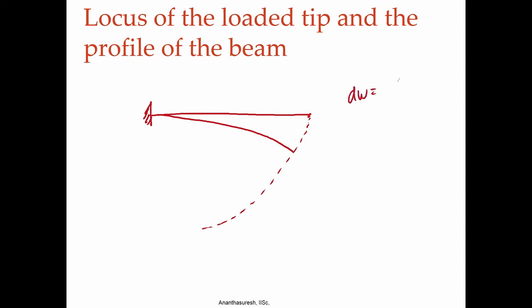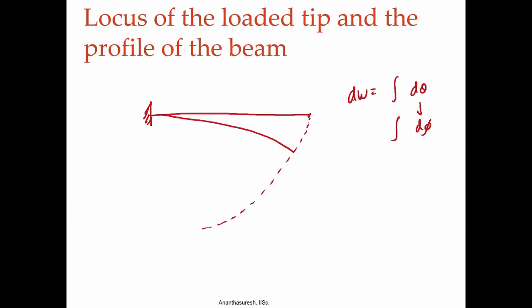Now, if I want to plot the loaded tip, let us say I have a beam like this, we calculate W and U L for varying values of forces, I can get this locus, and we will be talking about this later on. And if I want to get this deformed profile, this method does allow. If you remember, we had this dw and then the integral in terms of d theta, which we converted later to d phi, right, we did that.